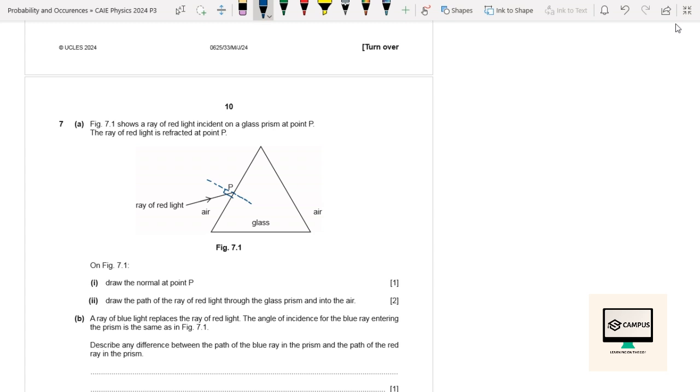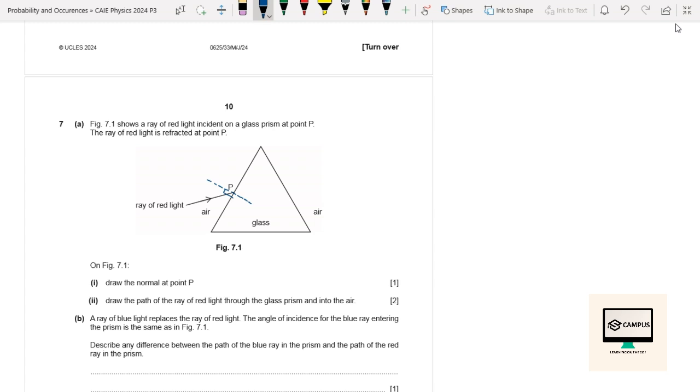Okay, draw the path of the ray of red light through the glass prism and into the air. It's a 2-mark question. The ray of red light refracts from air into the glass and then from glass into the air. So we need to draw the path of this light as it refracts from one medium to another. Before attempting to draw the line, let us quickly recall the concept of refractive index. Refractive index is a property of a material, and the refractive index of glass is more than air.